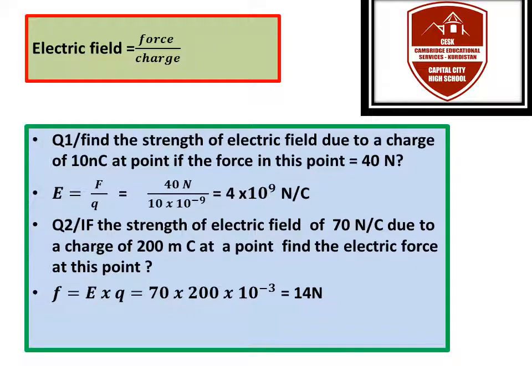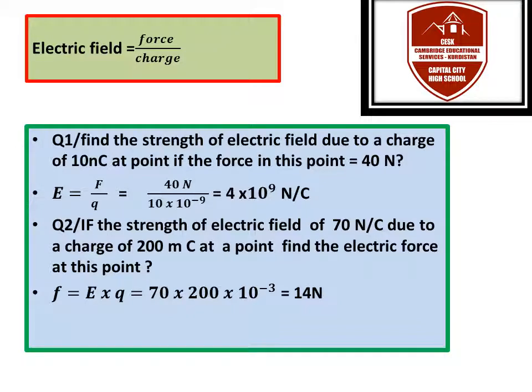Here let's take question 1. Find the strength of the electric field due to a charge of 10 nanocoulomb at a point if the electric force at this point equals 40 Newton.